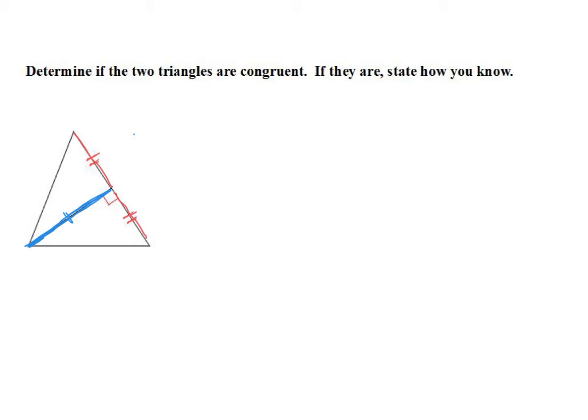I have a second side congruent, and then I need to use some of my skills from geometry. This is a 90-degree angle. And because these two angles form a line, these two angles must add up to 180. So 90 plus 90 gives me 180. So that other angle, even though they did not tell me what it is, is 90 degrees.